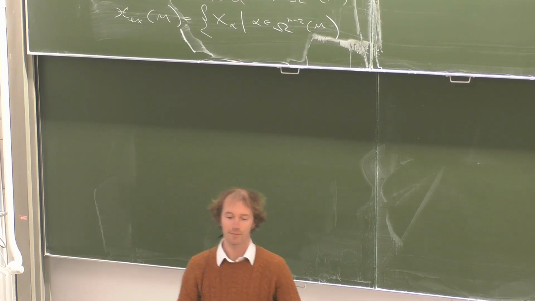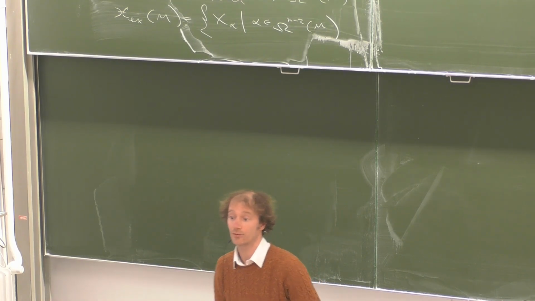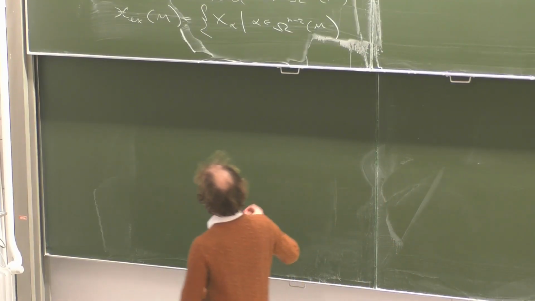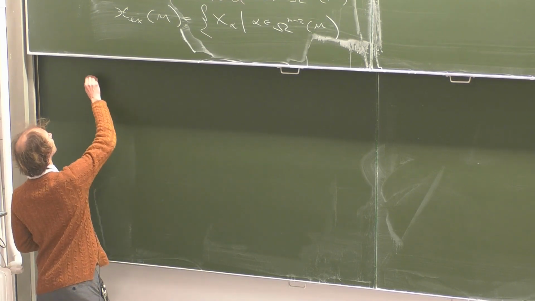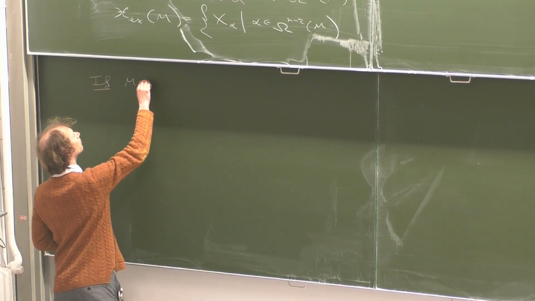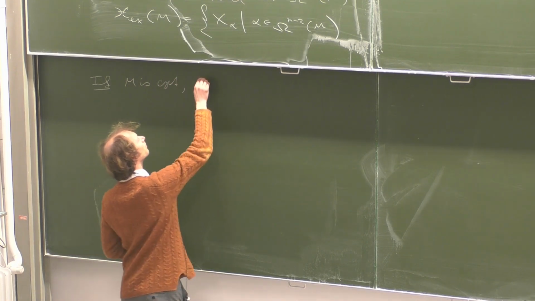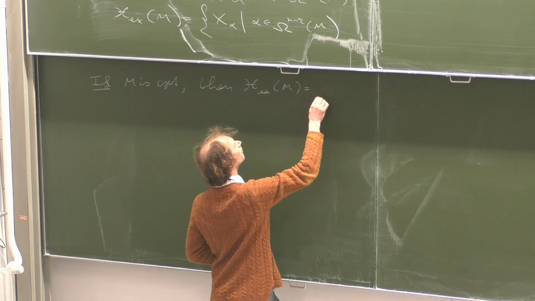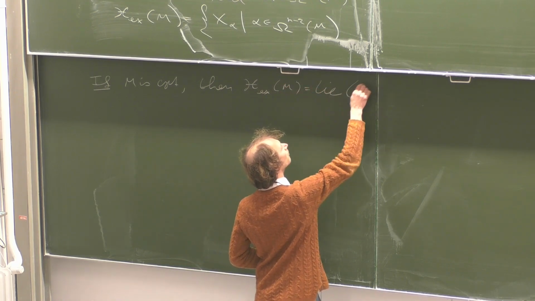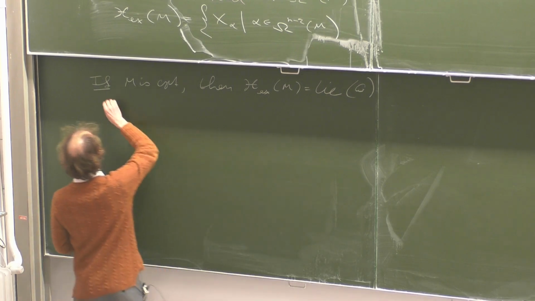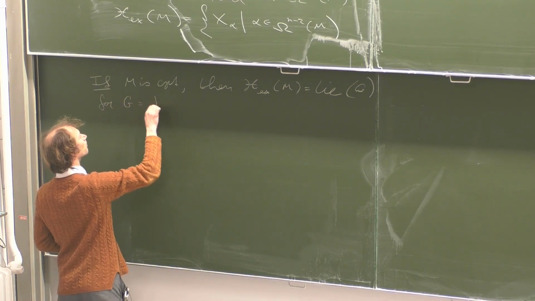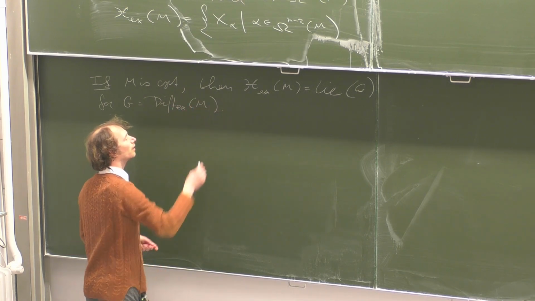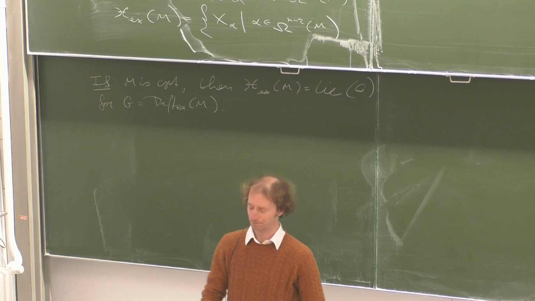So if M is compact, then there exists a nice Fréchet Lie group which has this as a Lie algebra. This is not obvious, but it's true.